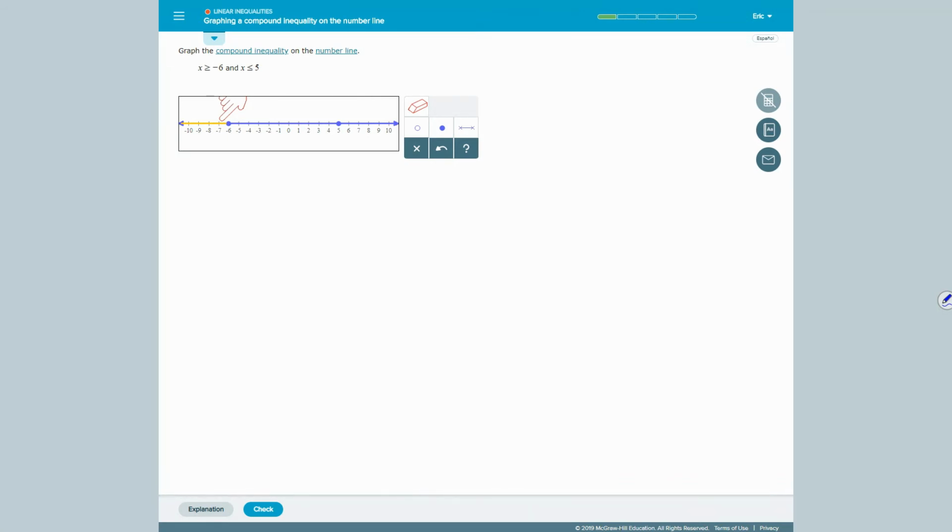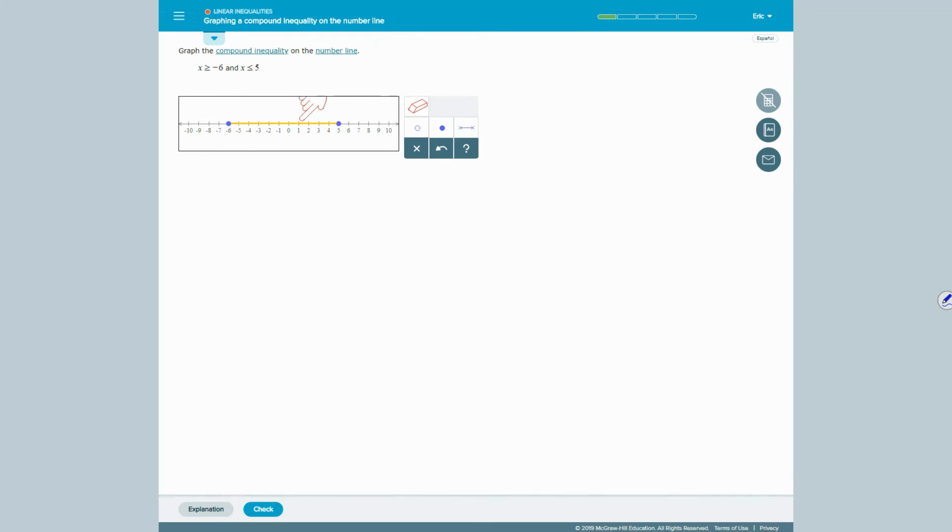And means where do the values share? Basically, all the values between the 2 points, which means my answer will really be everything in here, from -6 to 5. Because any value in those cases will satisfy both equations.